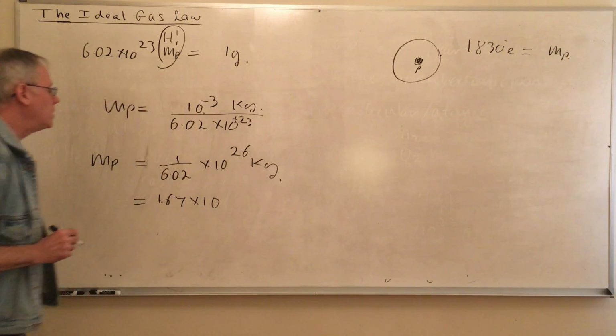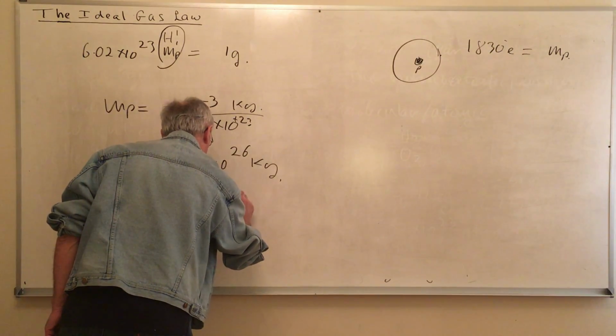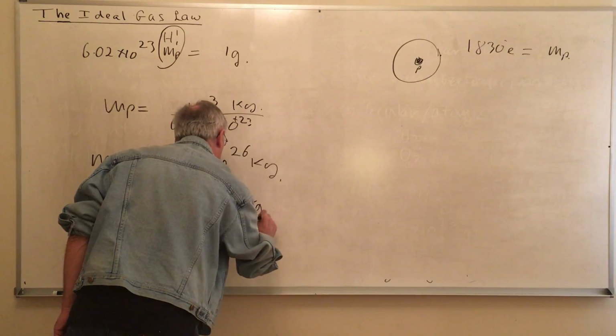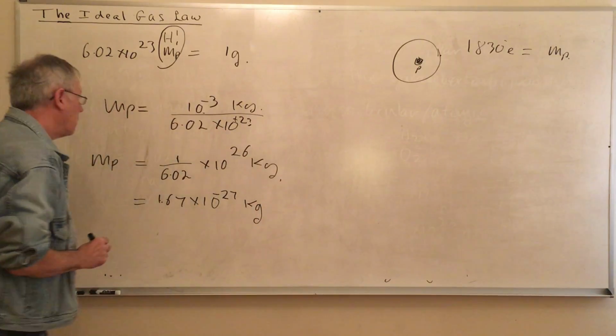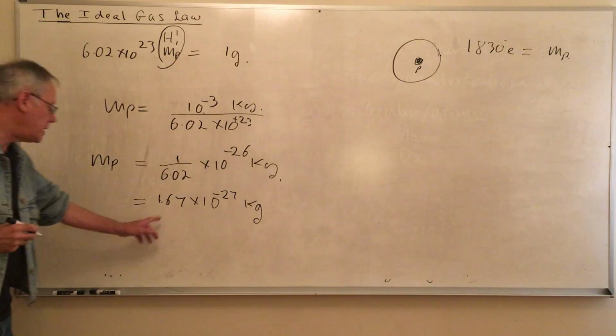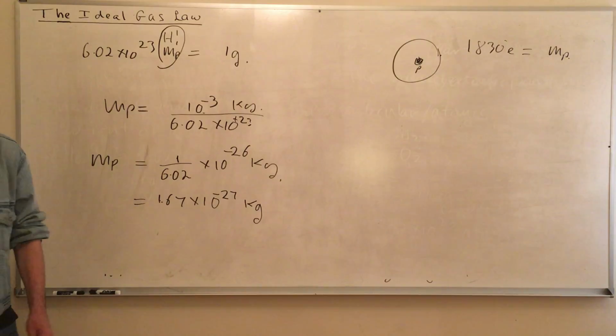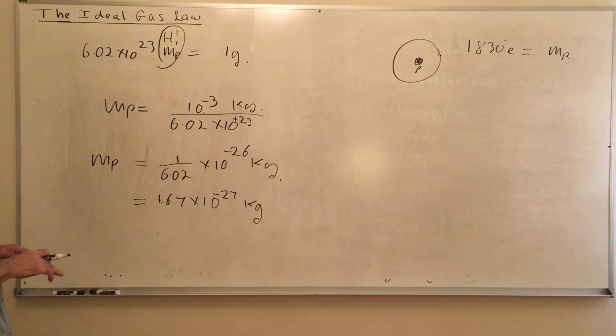And let me get that right. Okay, now we got it. 1.67 by 10 to the power of minus 27 kilograms is the mass of a proton. I'm not sure if I got that right. You can go and check it, but that's how you get it.